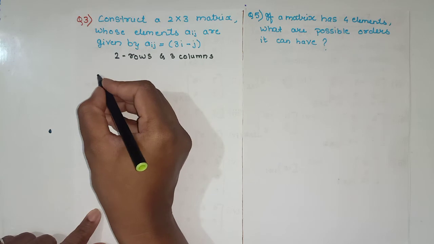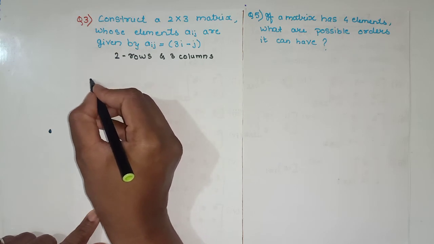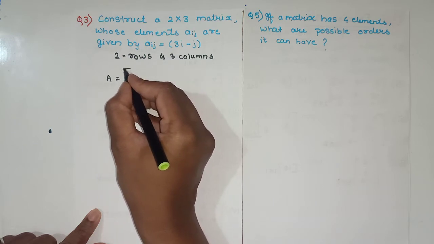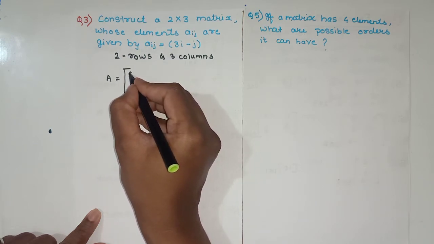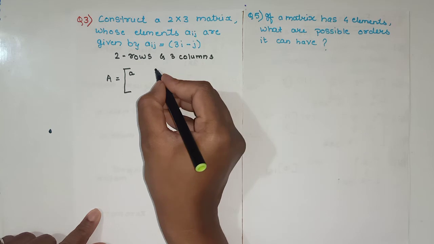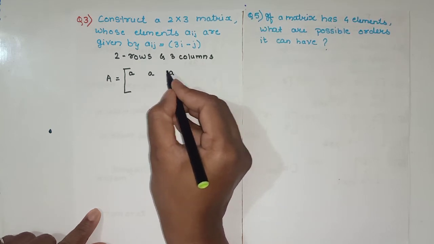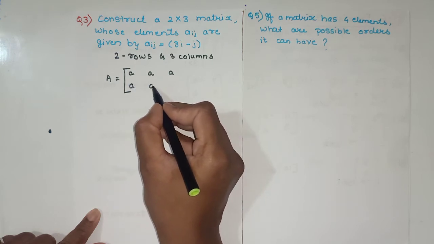Now you assume that A equals, since it has 2 rows, and how many columns? 3.